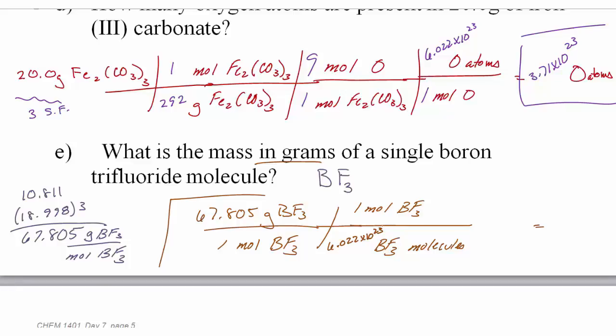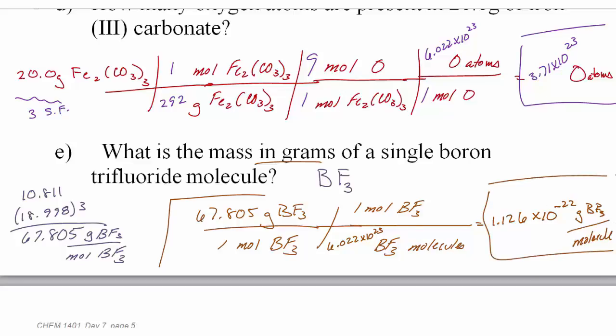So 67.805 divided by 6.022 times 10 to the 23rd, 1.126 times 10 to the negative 22 grams of BF3 per molecule. So all we did to find the mass of one molecule, we just divided the molar mass by Avogadro's number. Works every time.